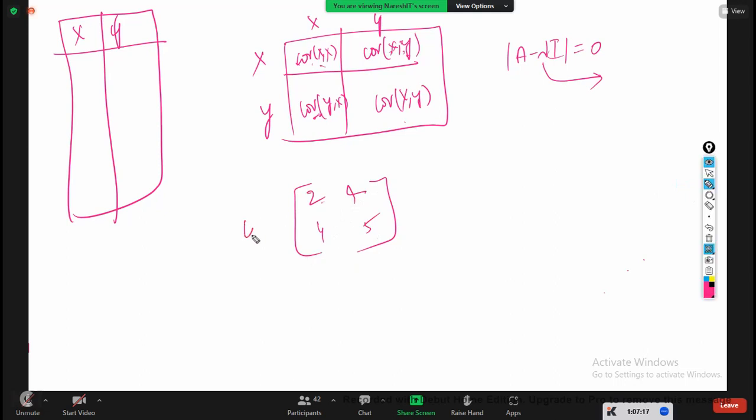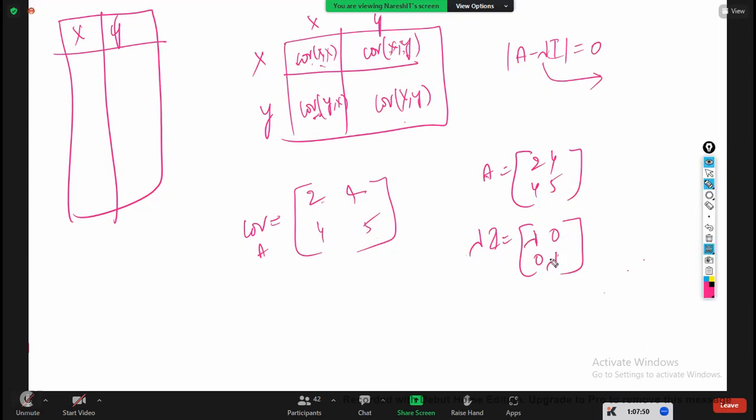Now, this is the covariance matrix. For this, I want to calculate the eigenvalues. How to calculate the eigenvalues? You just take A minus lambda I. A is nothing but 2, 4, 4, 5, which is our covariance matrix. Now, what is meant by lambda I? I means identity matrix, which is 1, 0, 0, 1. Lambda I means you are just multiplying with the lambda value.